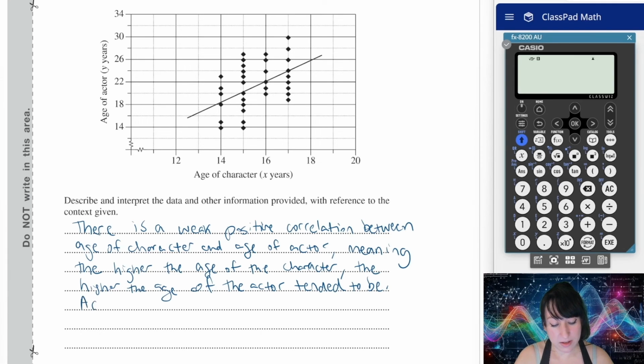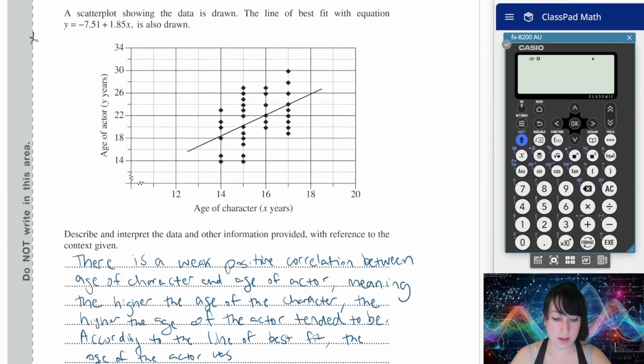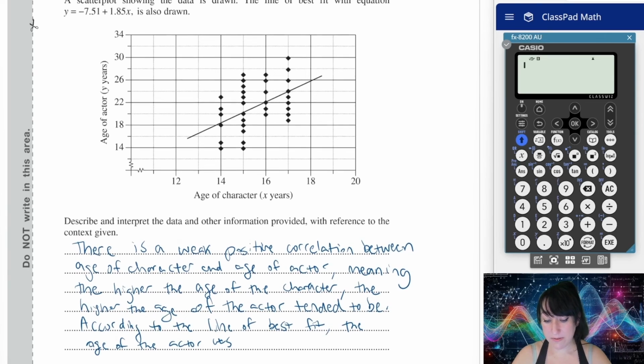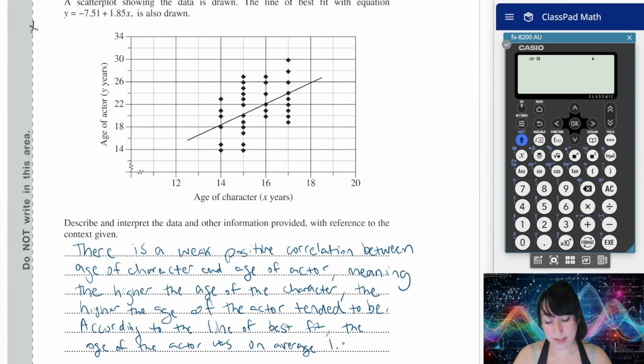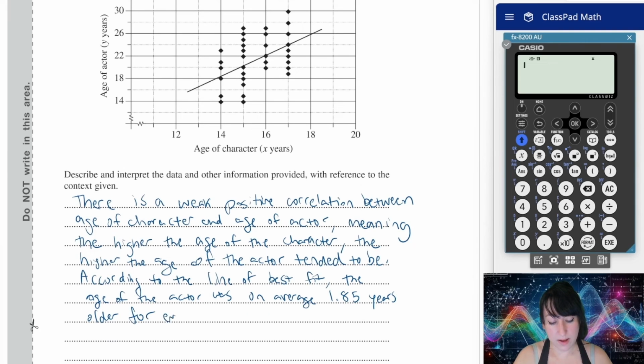So we could say, according to the line of best fit, the age of the actor was on average 1.85, getting that from the gradient, years older for every 1 additional year of age of the character.